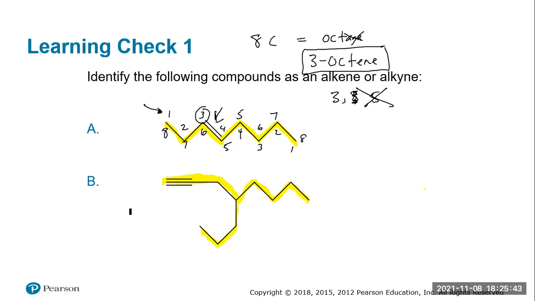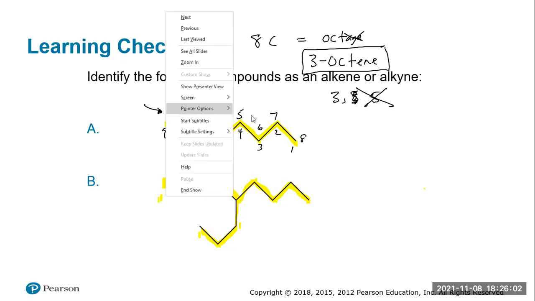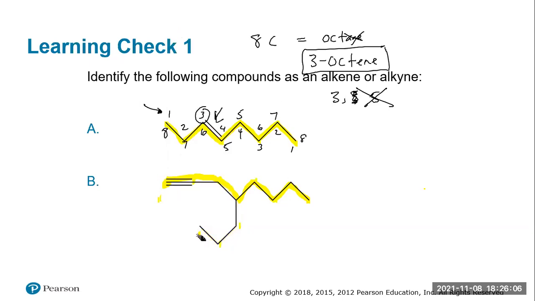Maybe I miscounted, so let me try that again. This is 1, 2, 3, 4, 5, 6, 7. That's good. Going down is 1, 2, 3, 4, 5, 6, 7. So we do get 7 no matter which way you go. If I learned how to count, that would be good. So that is 7.